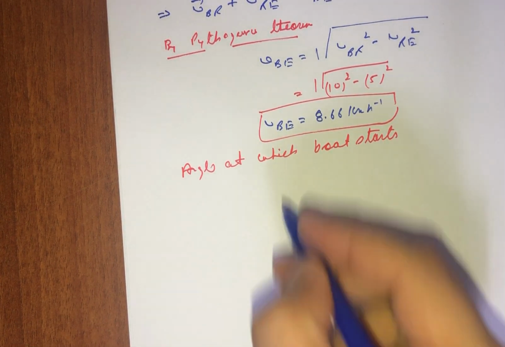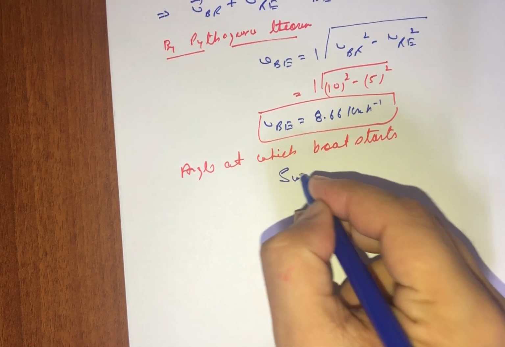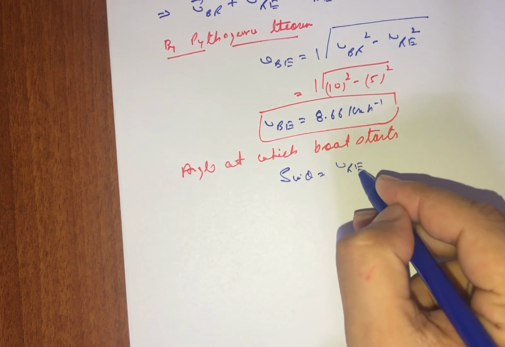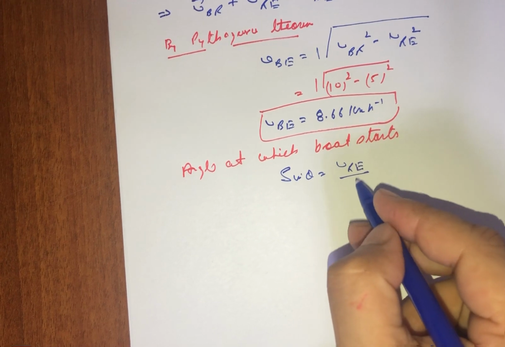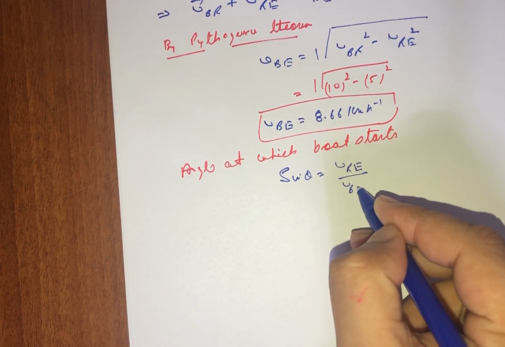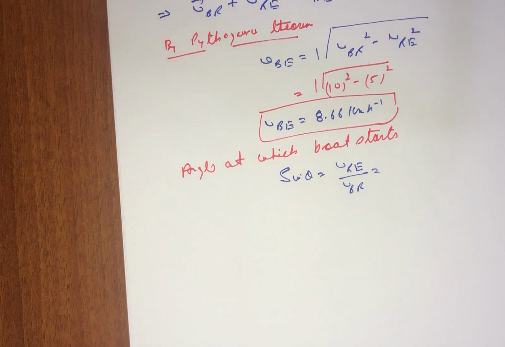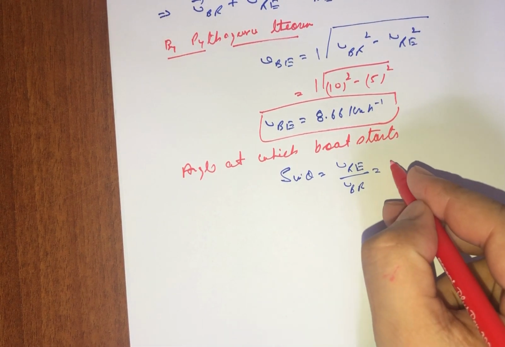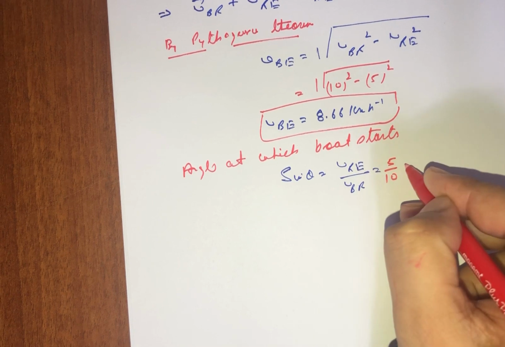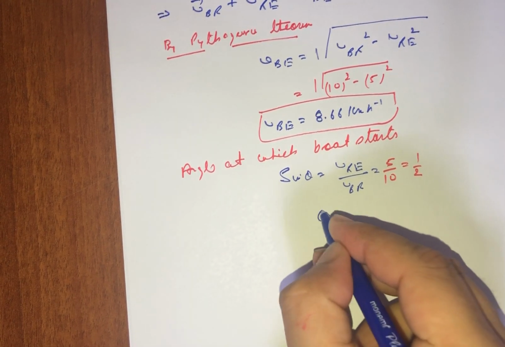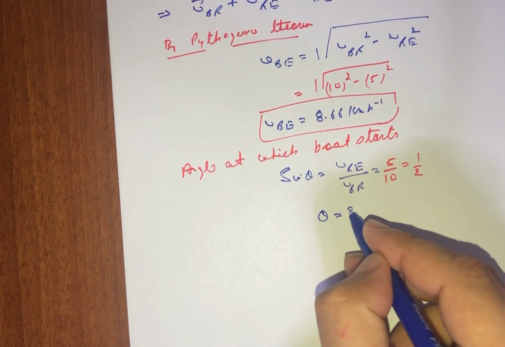We can find out sine of theta is equal to VRE divided by VBR, and VRE is 5 upon 10, so this will be 1 by 2. So we can say that theta is equal to 30 degrees.